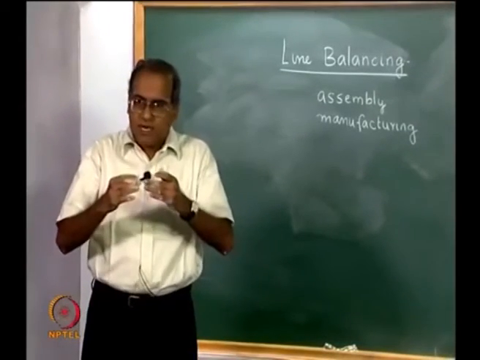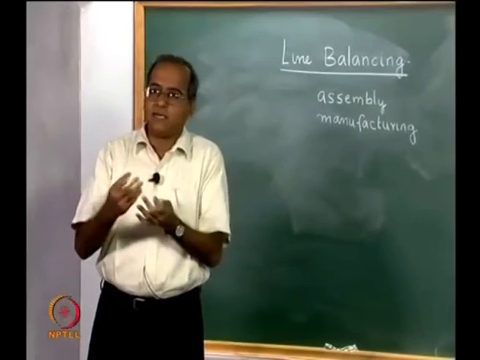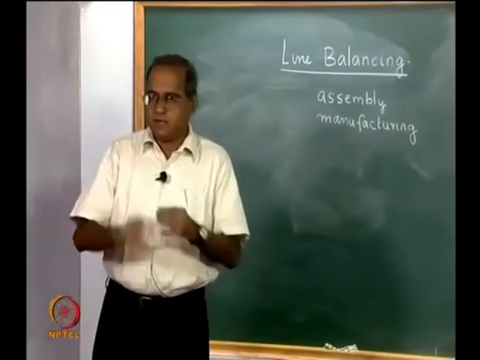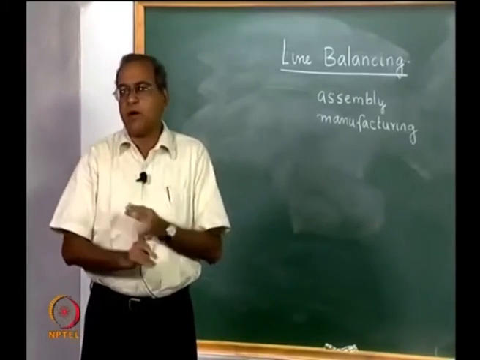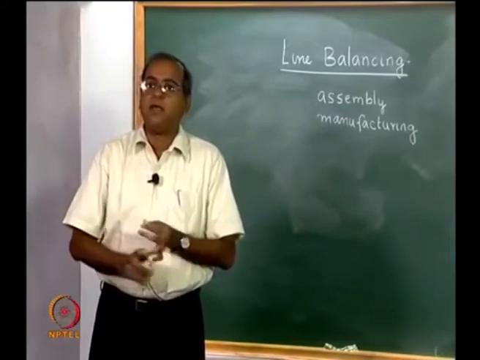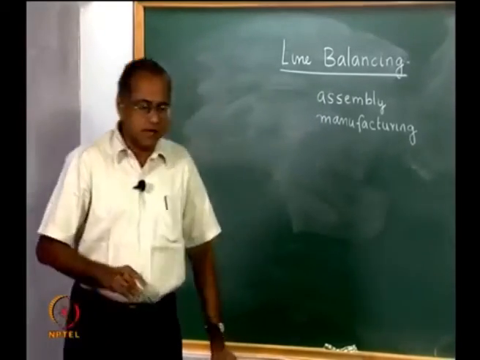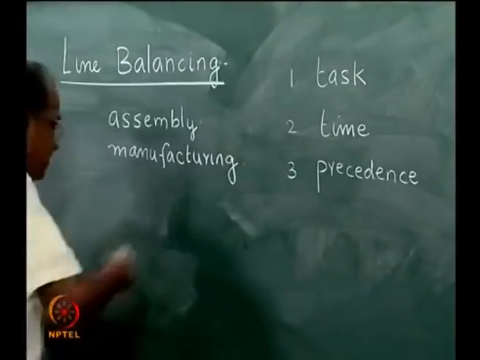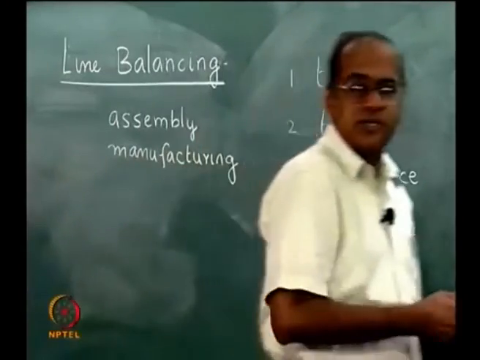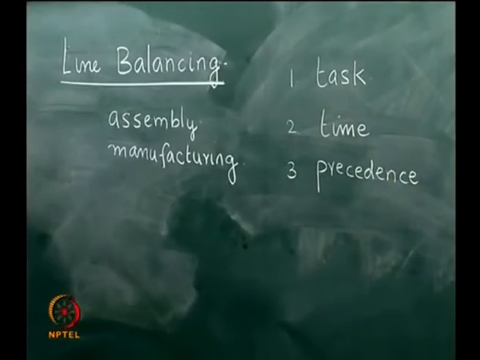So, for an assembly line balancing problem, the data required are the number of tasks, the time for each of these tasks, and the precedence relationships of the assembly. Let me take an example to explain all these and then use the same example to solve the line balancing problem.